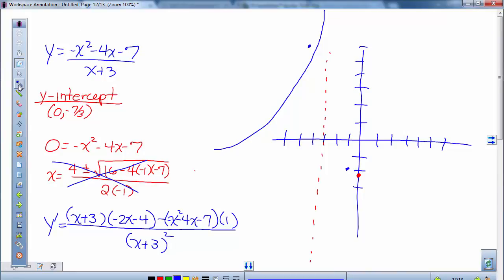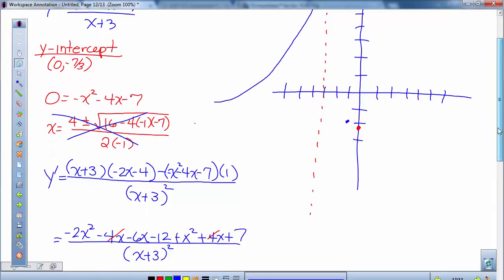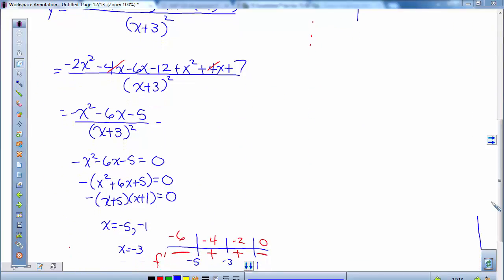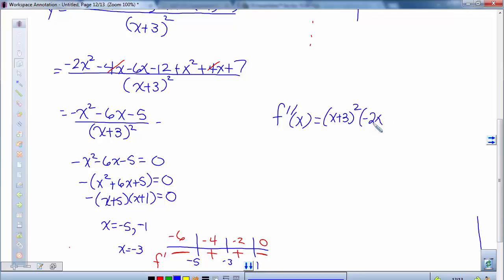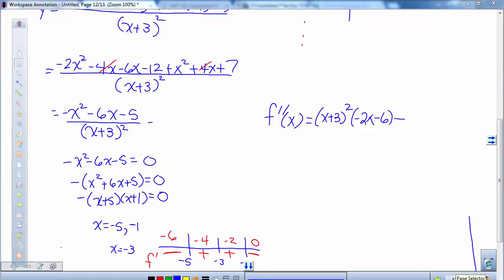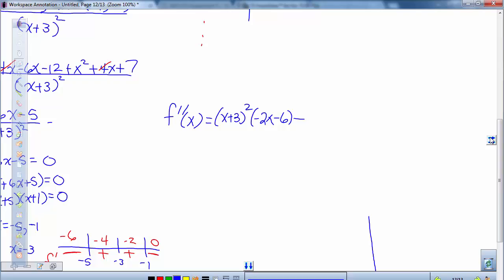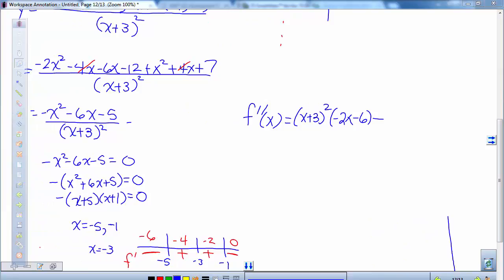Okay, my second derivative is f double prime of x equals, I'm taking it from right here, so low derivative of high is going to be minus 2x minus 6, okay, minus high, so high was what?